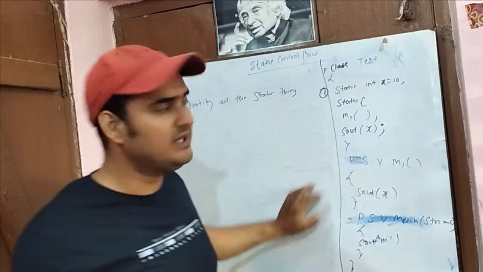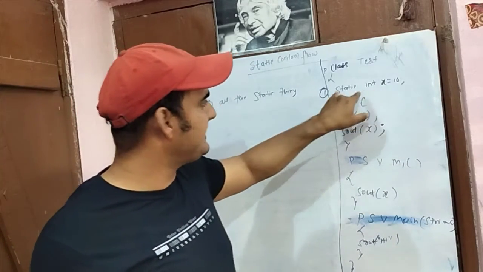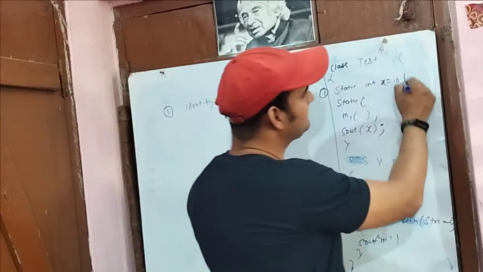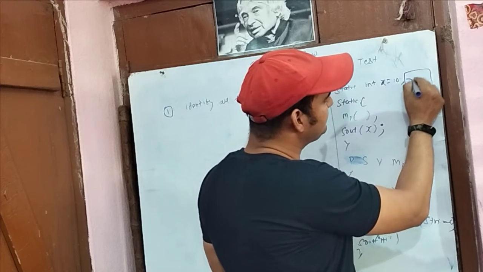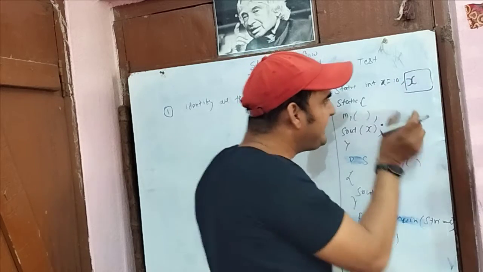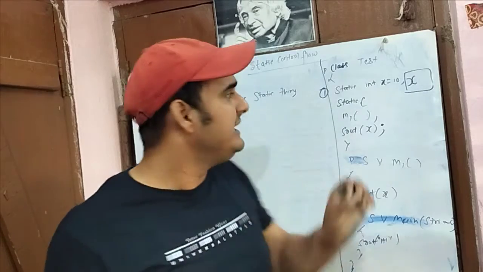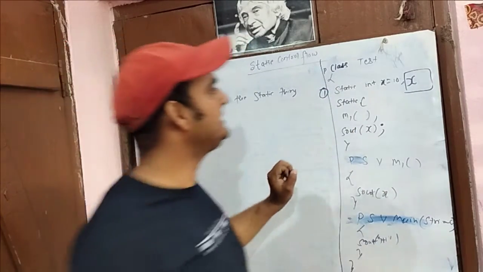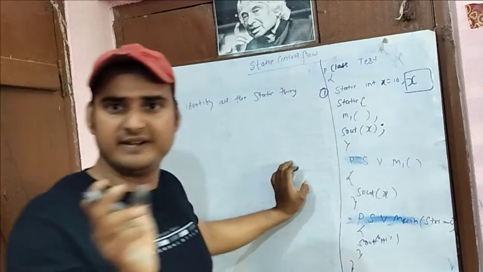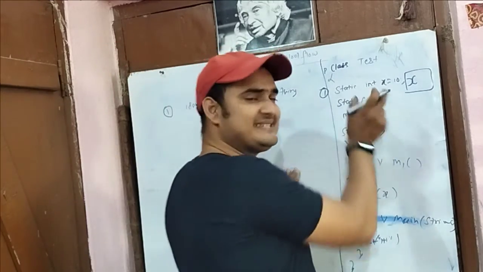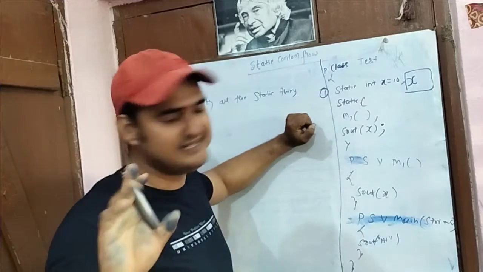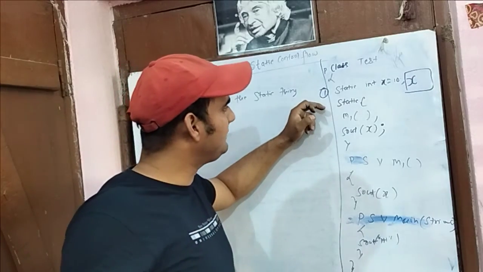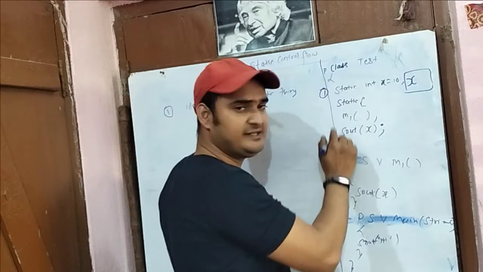It comes to know that this is a variable x that is static. So first it will take the variable x, and at this instance of time it will not set the value. First it will identify it. It will recognize there is a variable x that is static in nature and it is an integer.